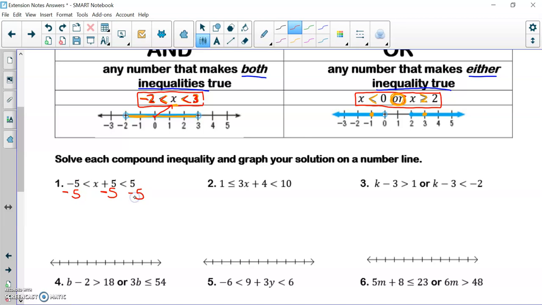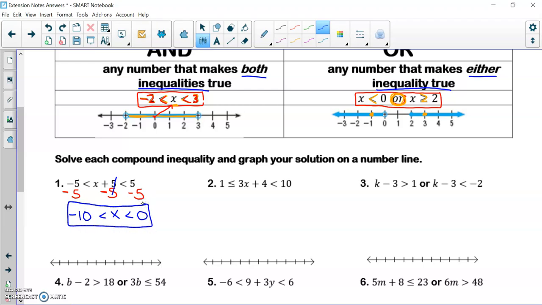So this is a little different because in an equation you only have 2 sides. In an and compound inequality, you have 3 sides. And we want to subtract it from all 3 sides. So I wind up with -10 is less than x, which is less than 0. And x is isolated, so this is my solution.